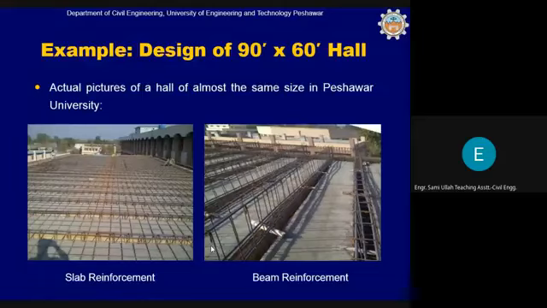This one has been placed, this one has not been placed, and once they are placed inside the beam formwork, you can see the slab reinforcement. The slab reinforcement is passing through the beam reinforcement like this. This is the slab positive reinforcement, not the negative reinforcement.